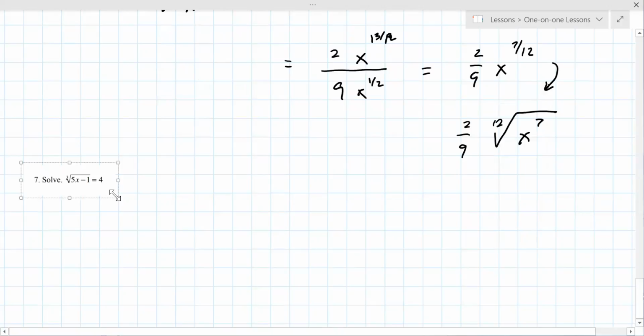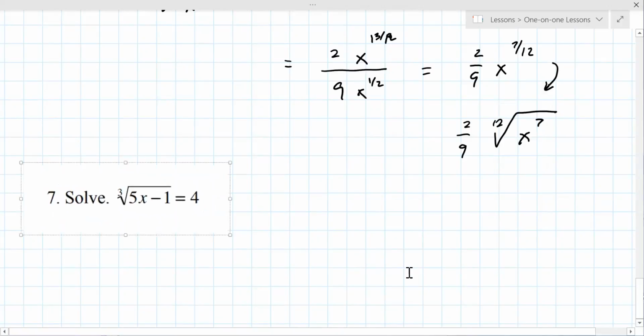Okay, solve. Cube root of 5x minus 1 equals 4. So first thing you're going to do is undo this cube root on the left. So you're going to cube both sides. The cube on the left undoes the cube root.